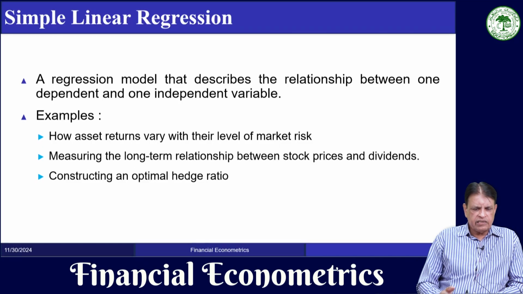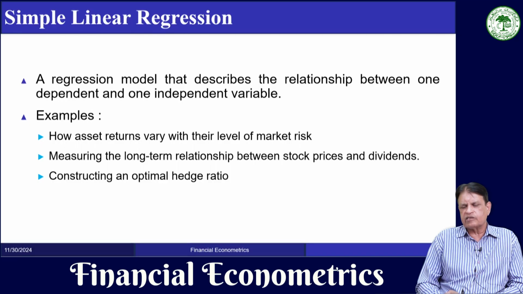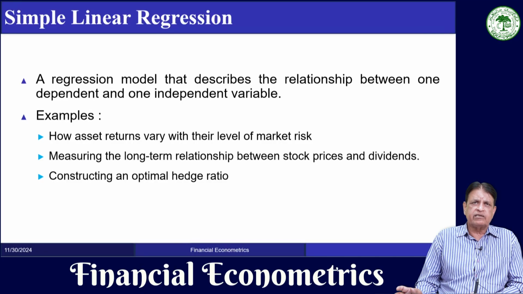These are some examples: how asset returns vary with their level of market risk, measuring the long-term relationship between stock prices and dividends, constructing an optimal hedge ratio. The regression model basically describes the relationship between dependent and independent variables, and on the basis of our theories, we can decide which variables should be taken as dependent and which as independent.